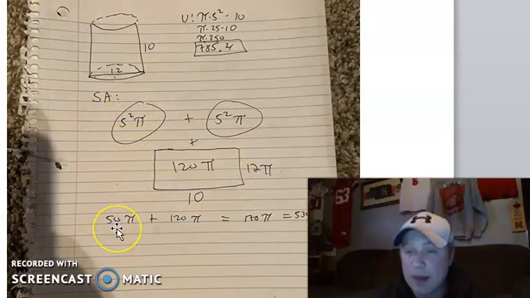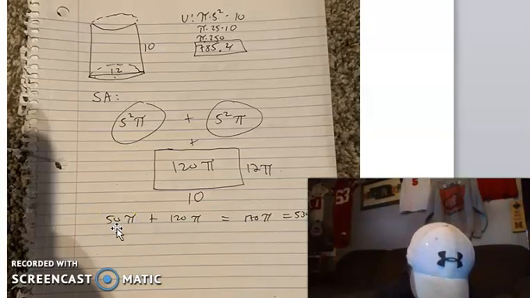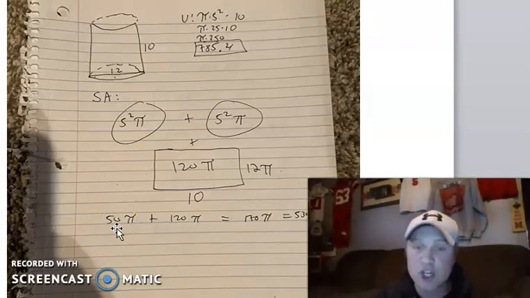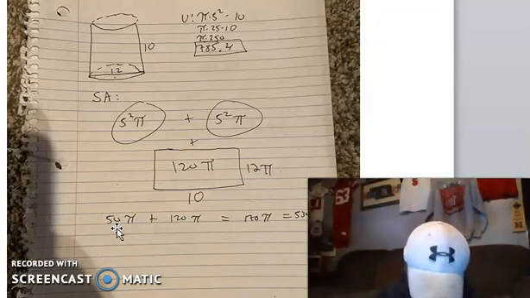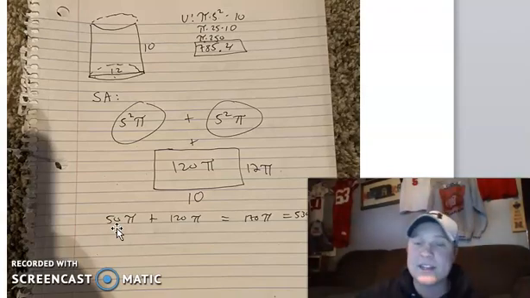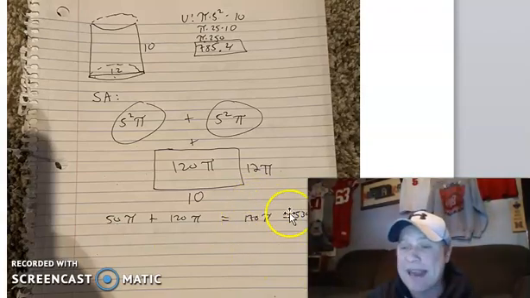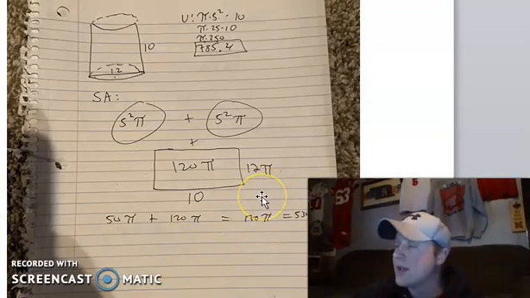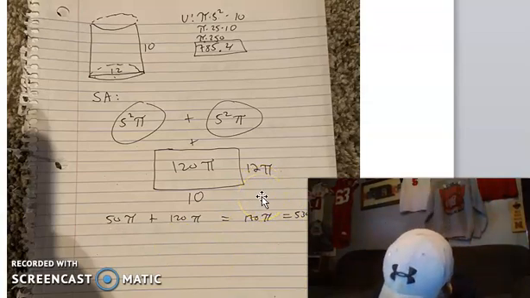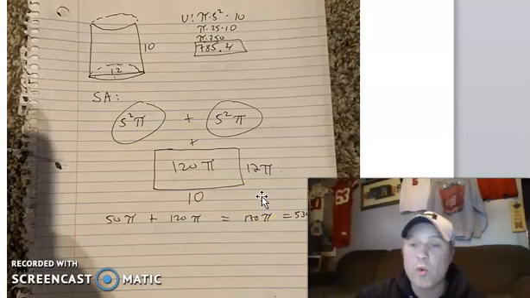So this 50 pi is going to change to 36 plus 36, which is 72, and 72 plus 120 is 192. So our answer is actually 192 pi. So 192 times pi is really 603.19, okay?